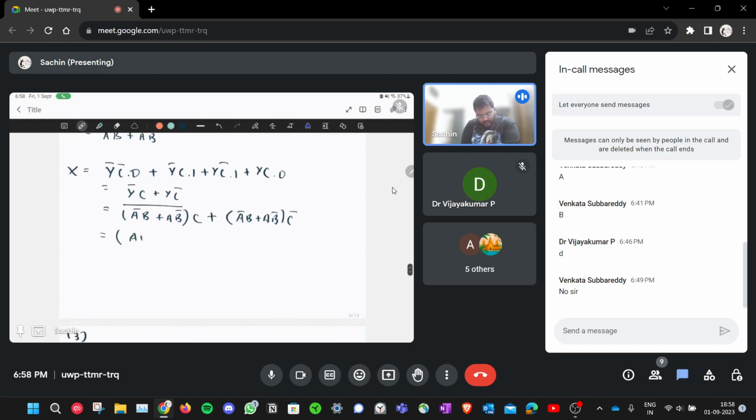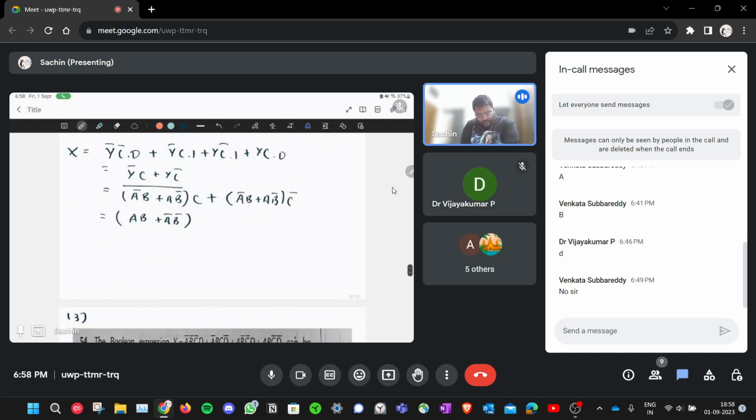The complement of that is nothing but AB plus A bar B bar. You know that because A bar B plus A B bar is the XOR gate, and the complement of that is the XNOR gate, and for the XNOR gate the output expression is AB plus A bar B bar. So both of them should be low, or both of them should be high. Times C, plus A bar B plus A B bar times C bar.